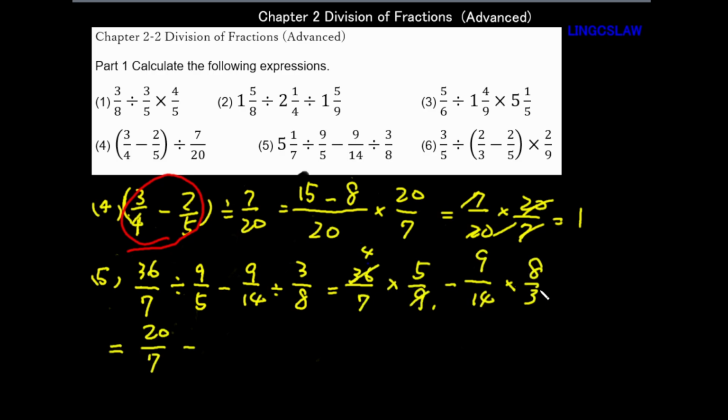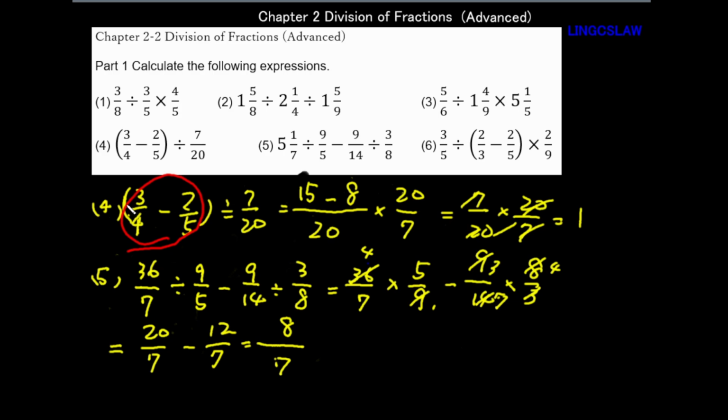So 3 and 4, 7. So again, the denominator is 7, the numerator is 3 times 4 equals 12. The denominator is the same, so you can just do the subtraction. 20 minus 12 equals 8. So this is the answer.